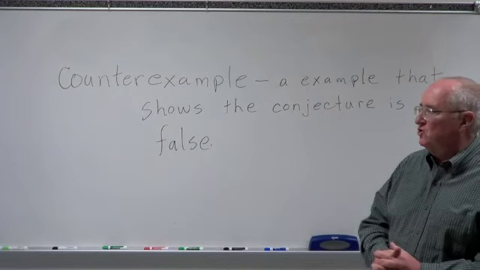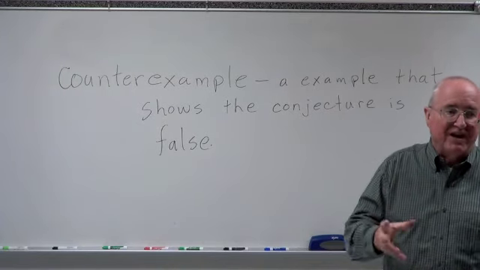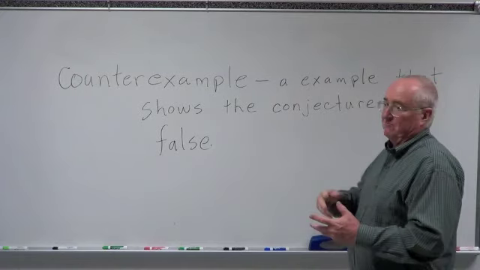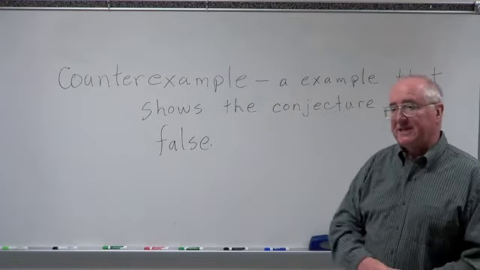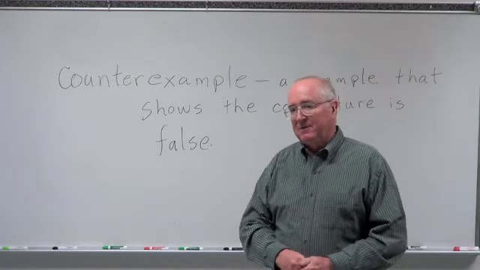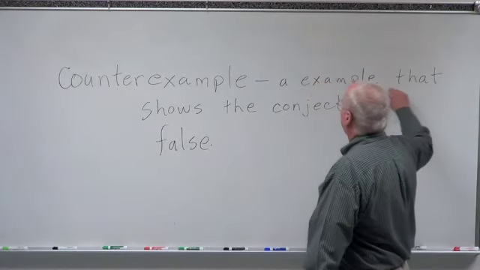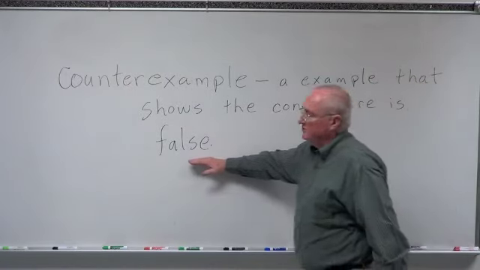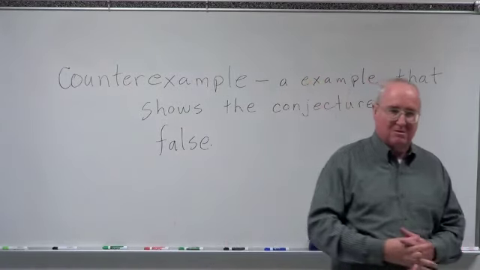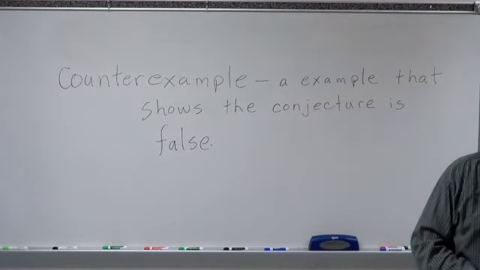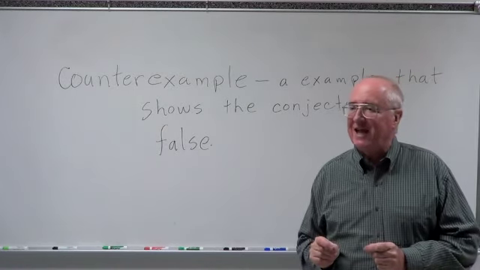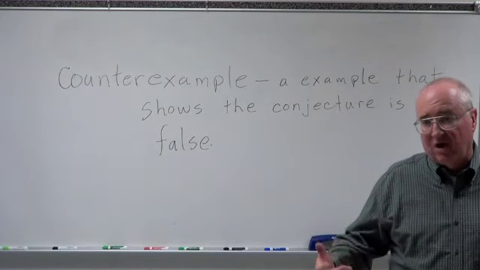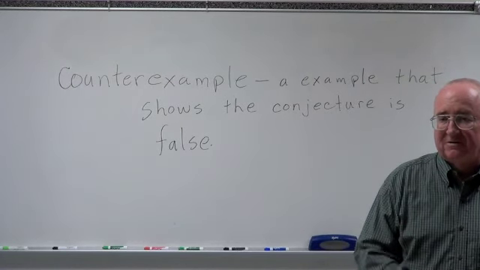You look at it and sure enough, your conjecture or educated guess based upon historical information doesn't look like it works in this case. Now, an example that shows the conjecture or educated guess is wrong is a counterexample. It only takes one counterexample to prove your conjecture or educated guess is wrong. That's all it takes. One.